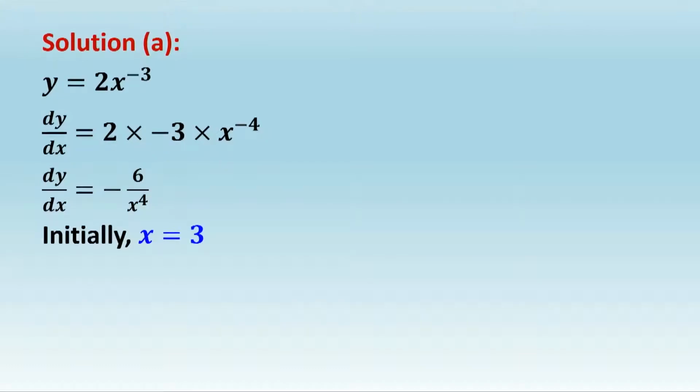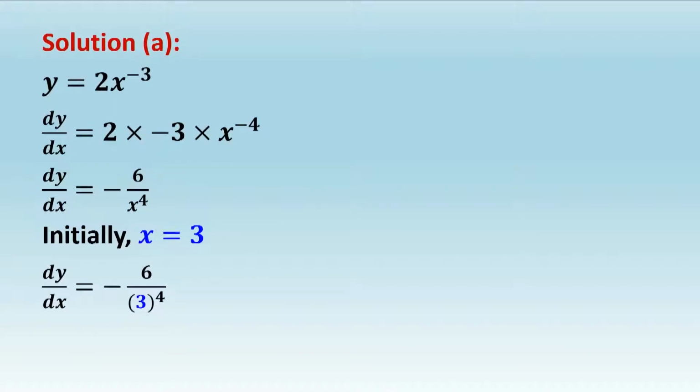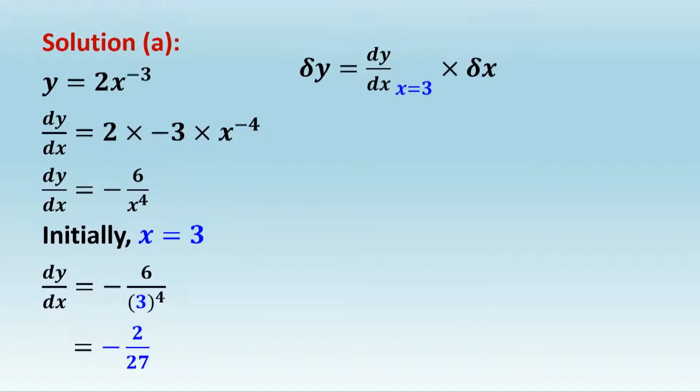Initially, x = 3. Substituting this value in dy/dx, we get −6 over 3⁴. Evaluating this, we get −2 over 27. Δy = dy/dx at x = 3 multiplied by Δx.